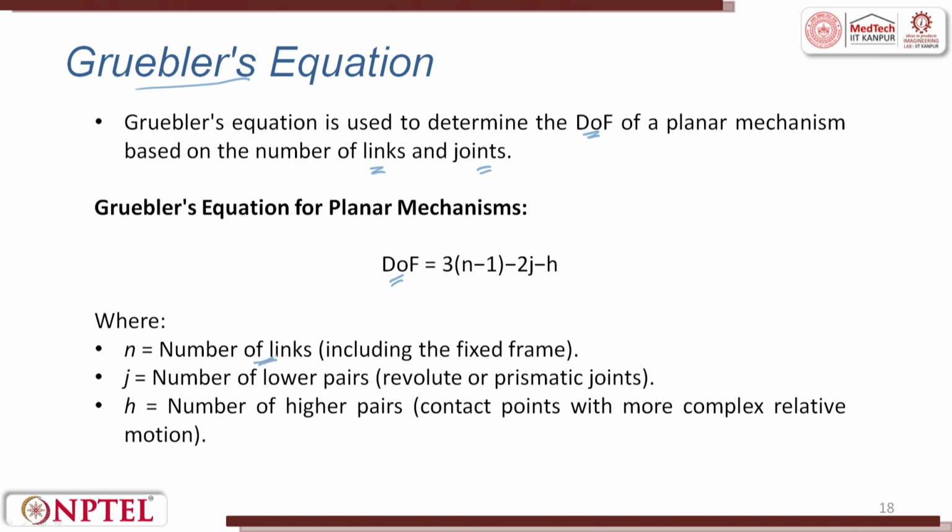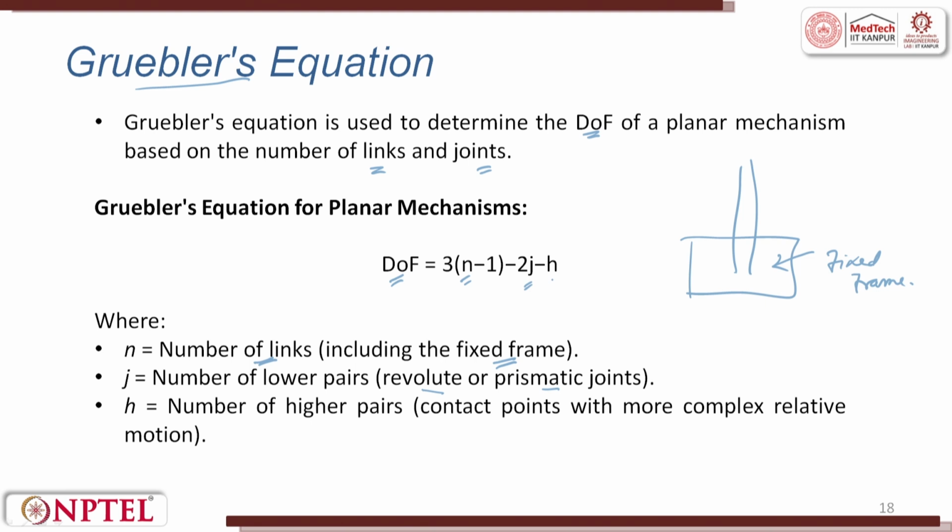n is the number of links including the fixed frame. Fixed frame is the bottom. This is called the fixed frame. Right. Number of links is n. Number of lower pairs, whether rotational or prismatic, is expressed as j.